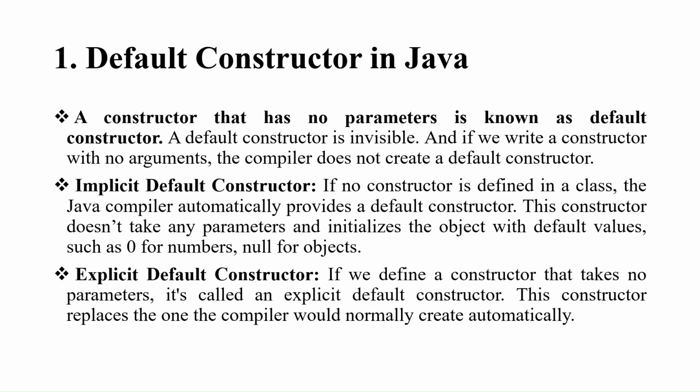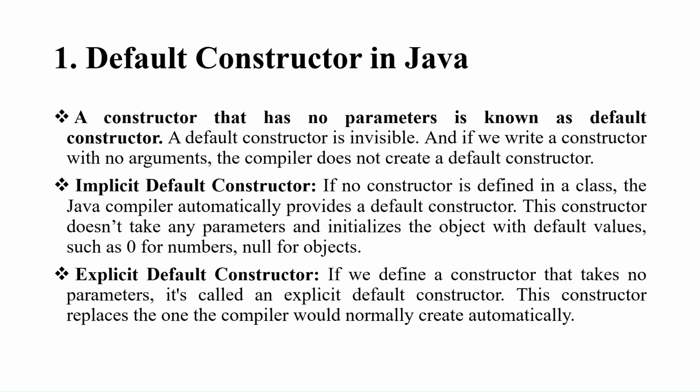The constructor does not take any parameters, but already we have seen that the constructor is used to initialize the object attributes. In the case of the implicit default constructor, the object attributes will be assigned the default values. For example, if it is an integer, the default value assigned is 0, and for objects the default value assigned will be null.